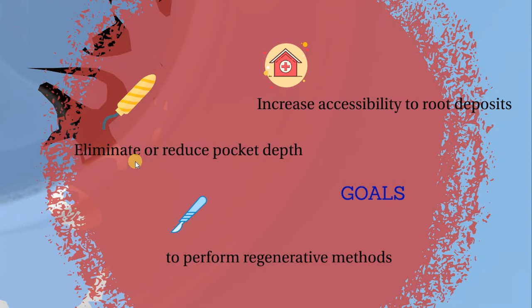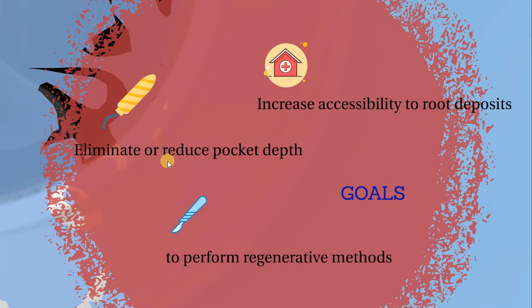For example, when we are doing subgingival root planing on a daily basis, it's a closed procedure. But when we are doing a flap procedure and opening the area, we increase the view to the root deposits, and we can access the area very easily.